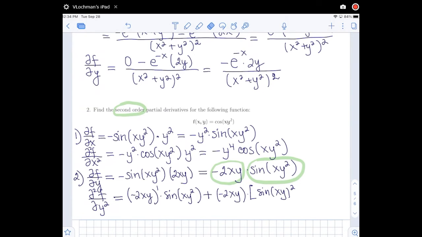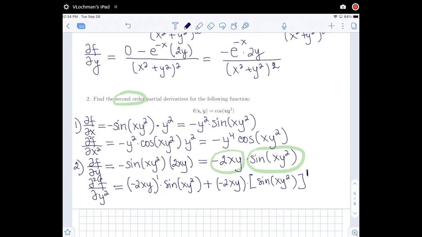The square goes with the y. I'm using the product rule, so we have to be very careful here. The derivative of negative 2xy with respect to y, that would be negative 2x sine of xy squared.